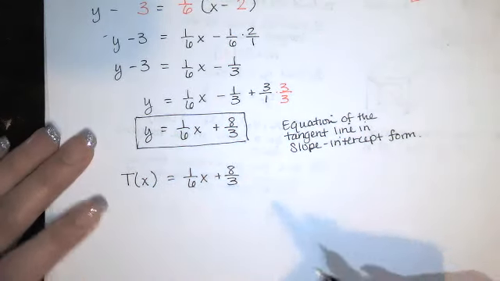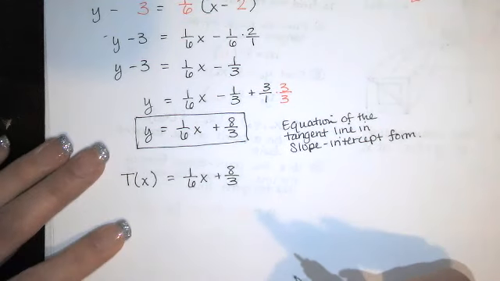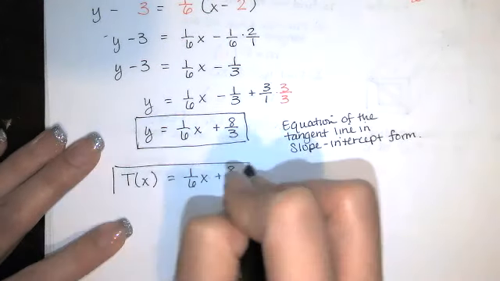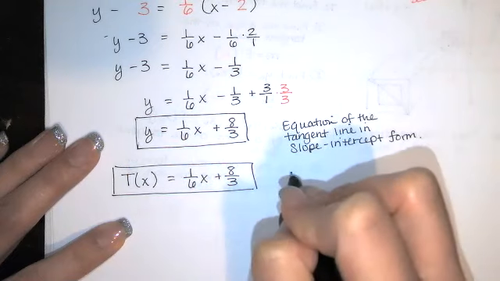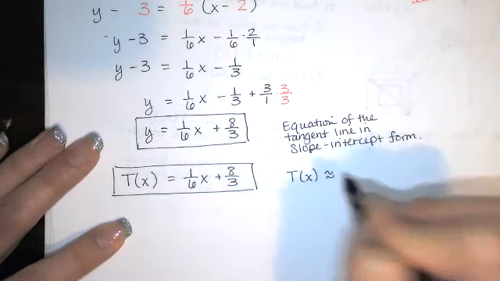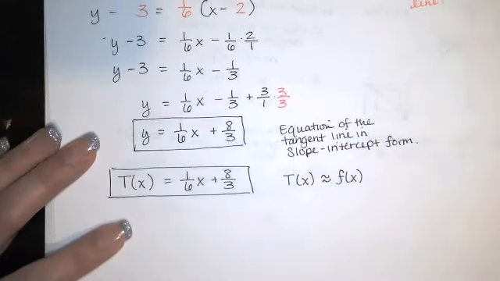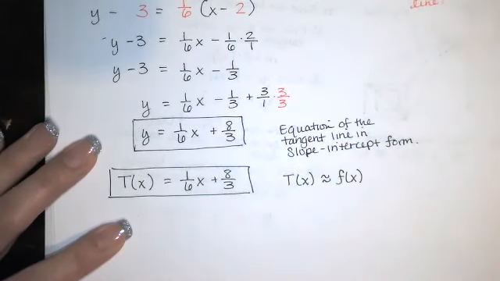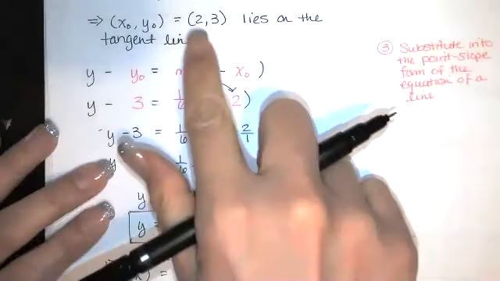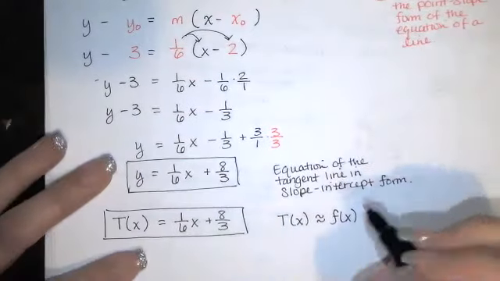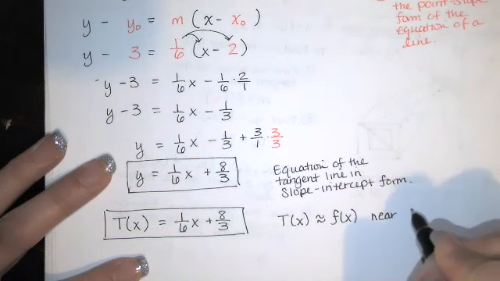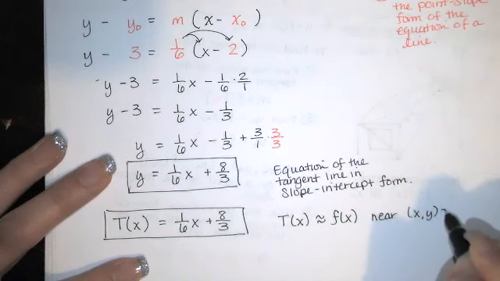So they're saying this is a tangent line approximation to the function. So this is approximately equal to y equals f of x, as long as we're near the point of tangency. So as long as we're near the point x equals 2, y equals 3.